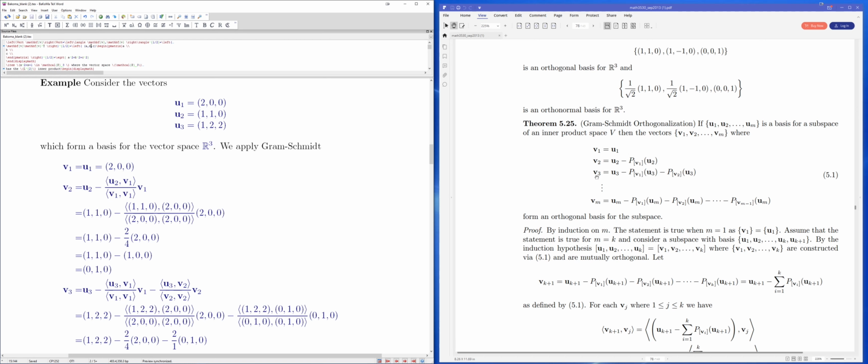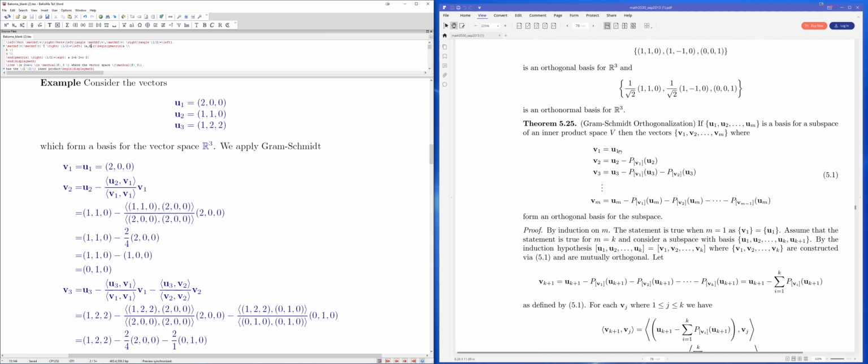To get V3, you take the old U3 and subtract the projection of U3 into the subspace spanned by V1 and V2. Again, to get V3, you take the third vector U3 and subtract off a projection of U3 into a certain subspace. And this is how it really goes, given the U's over here.